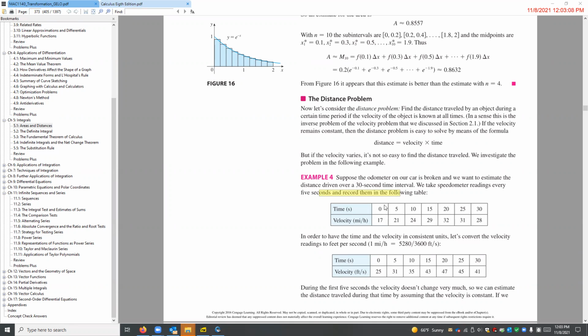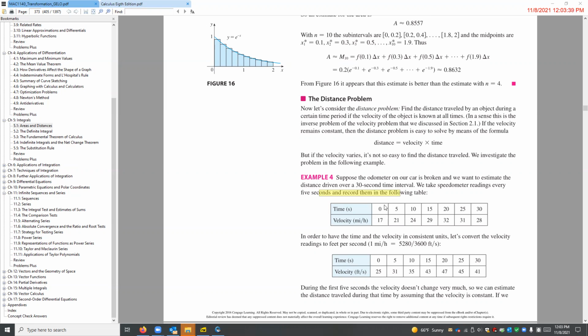I'm going to say, suppose v of t has the following table. t, v of t. And I'll write it oriented vertically the way we normally write tables for functions. 0, 17; 5, 21.